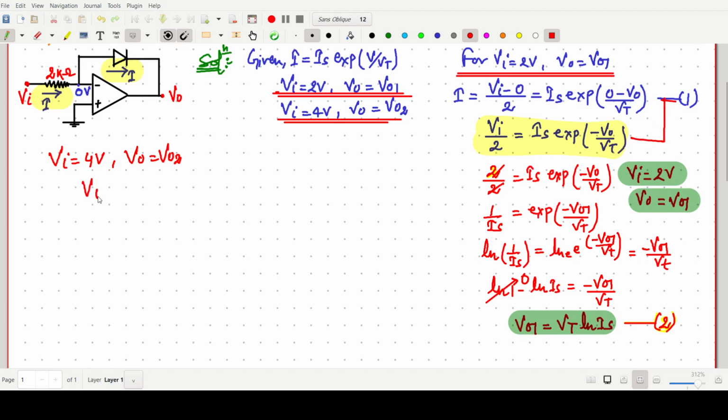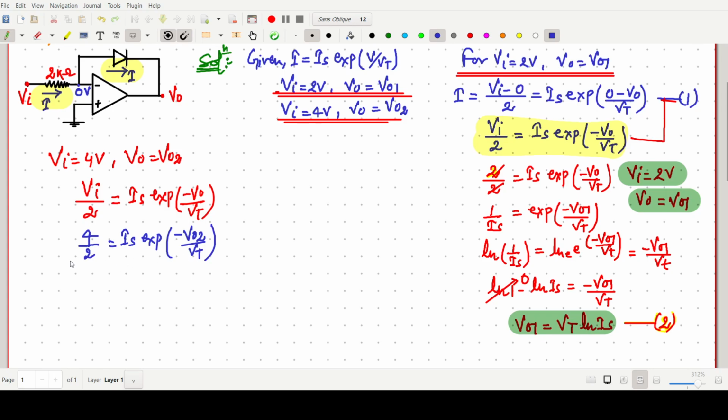So we can write Vi by 2 equals to Is exp minus V naught by Vt. It is coming from this equation. Now Vi is 4 volt, better to write 4 by 2 equals to Is exp V naught 2 divided by Vt.